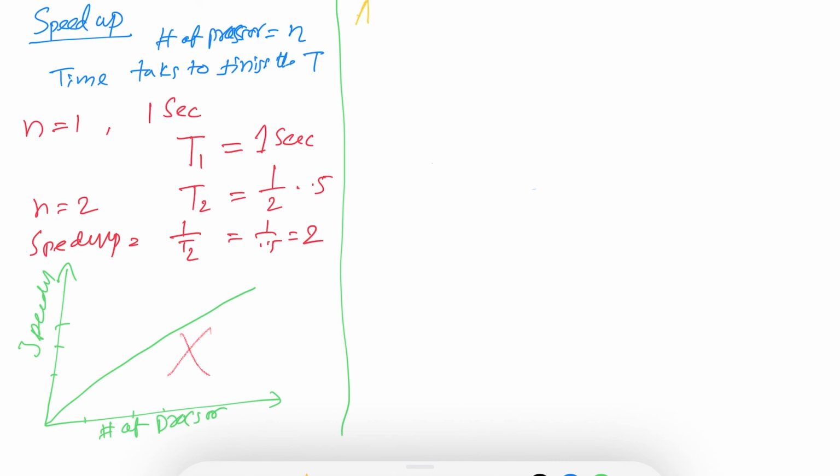Here is Amdahl's law. According to Amdahl's law, there are 3 parameters: the serial part of a program, the parallel part of a program, and the number of processors.